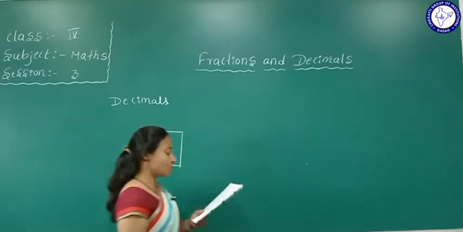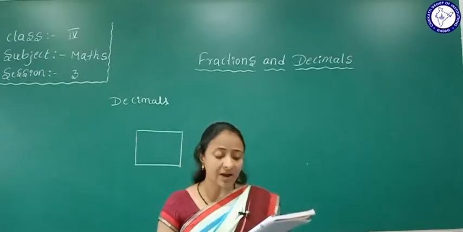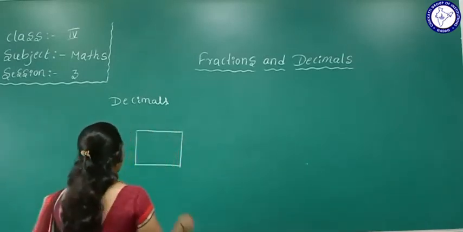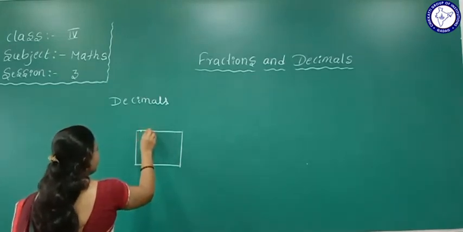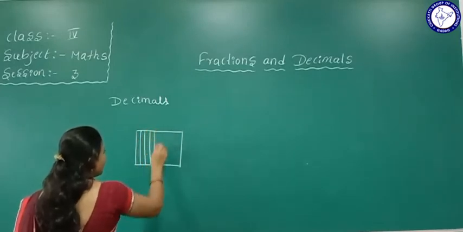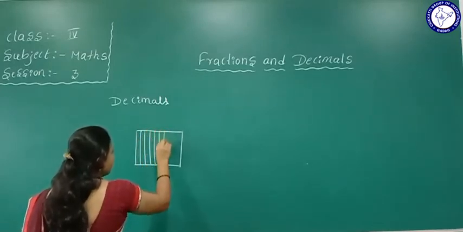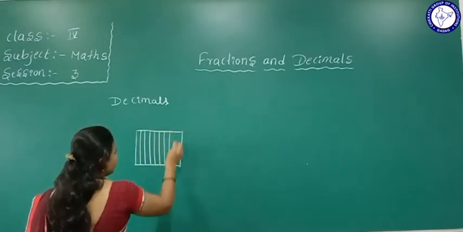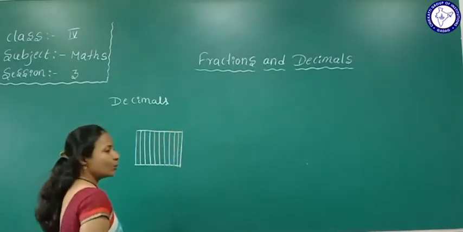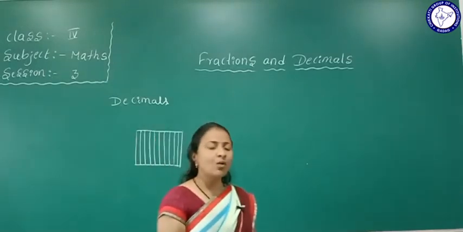In this one sheet, divide the square into 10 equal parts: 1, 2, 3, 4, 5, 6, 7, 8, 9 and 10. We made 10 equal parts in one sheet.